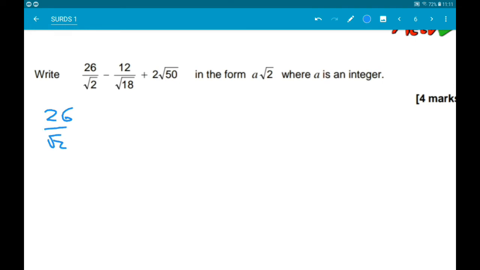Multiply the top and bottom by root 2. That's going to give us 26 root 2 over 2. And that is 13 root 2.